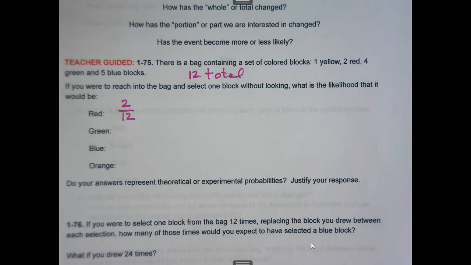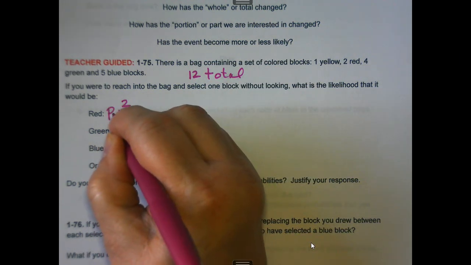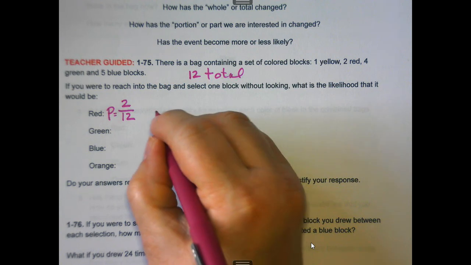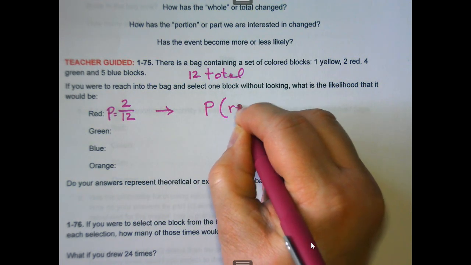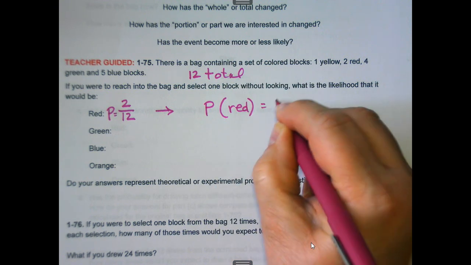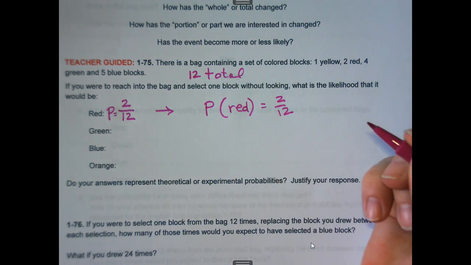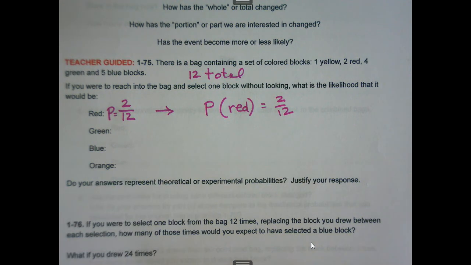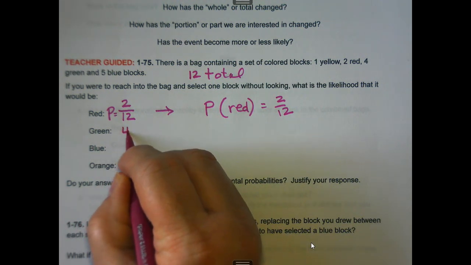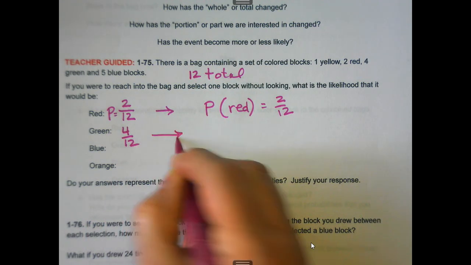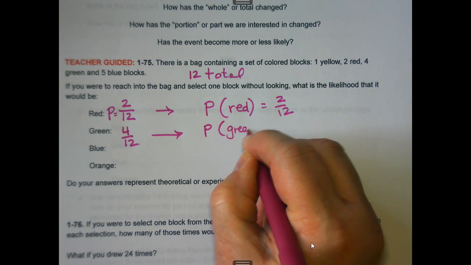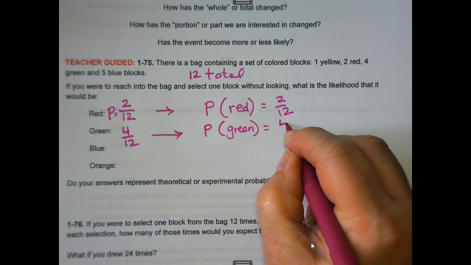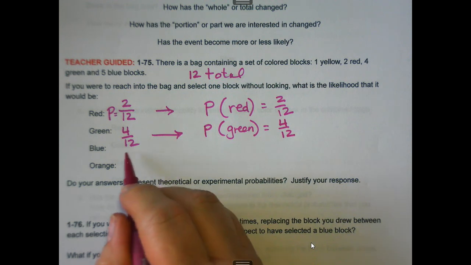So the probability would be 2 out of 12. A better way to write this, of course, is the probability of getting red is 2 over 12. The probability of getting green, the part that is green, is 4 over 12. And again, the correct way to write it is the probability of green equals 4 out of 12.